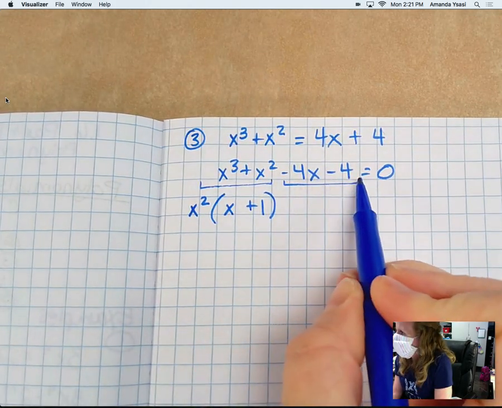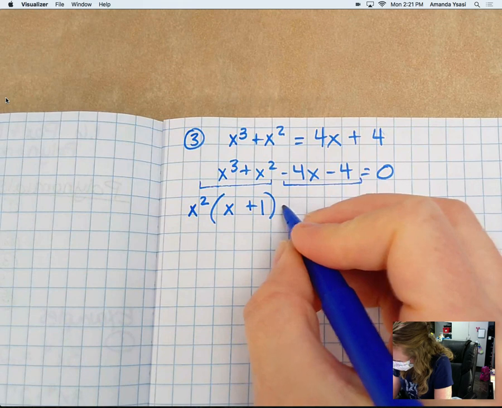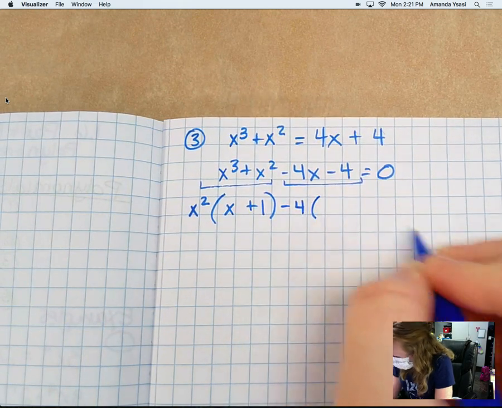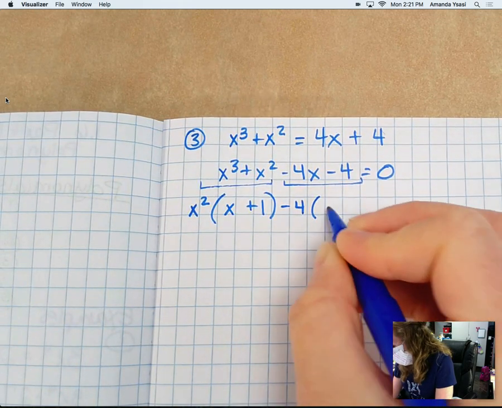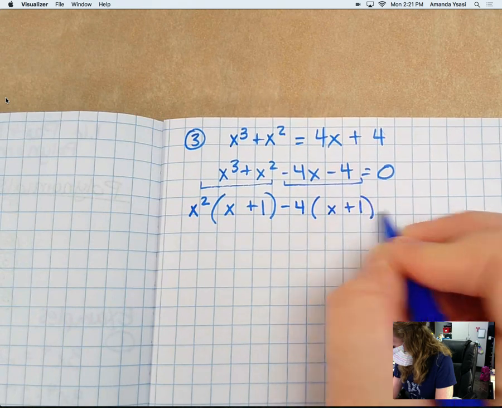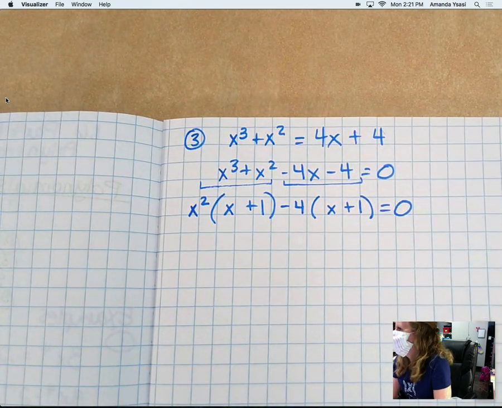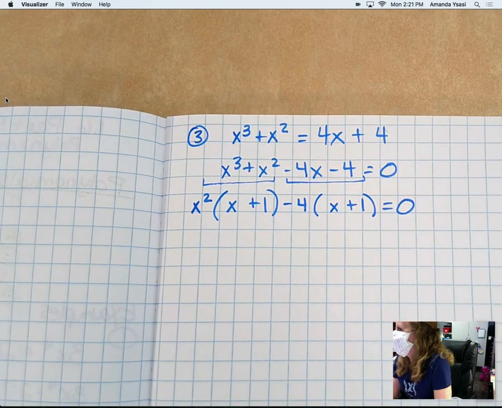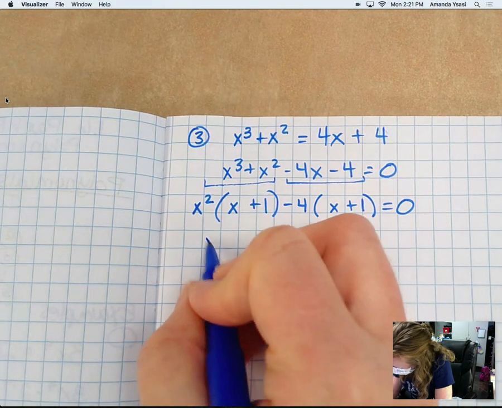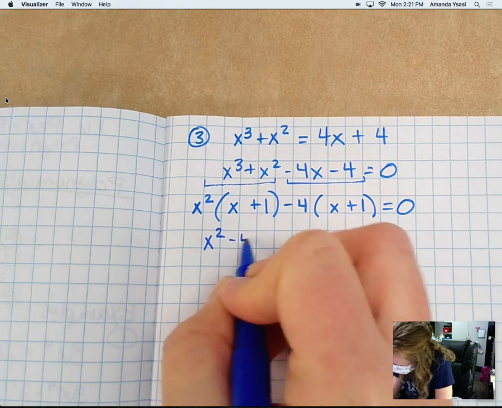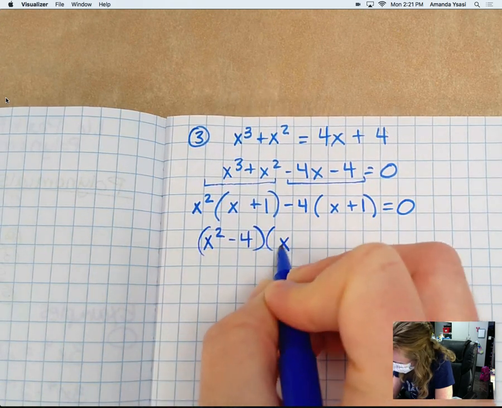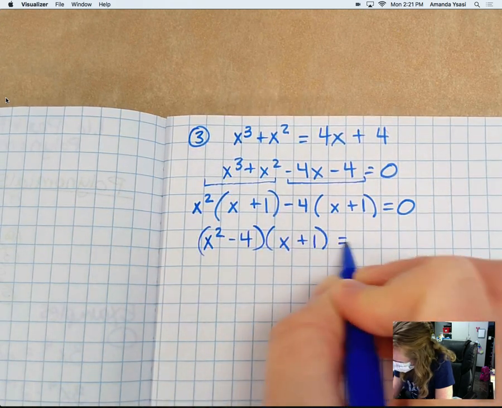And then here, the negative 4 can be factored out. So then that leaves us with x plus 1. So then our factor is x squared minus 4 times x plus 1 equals 0.